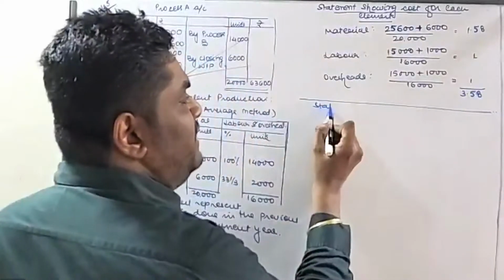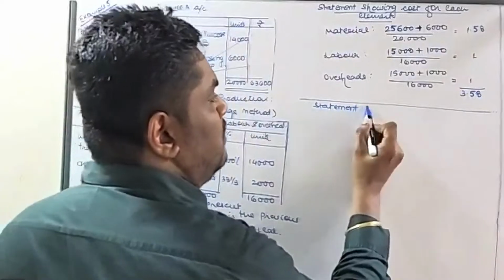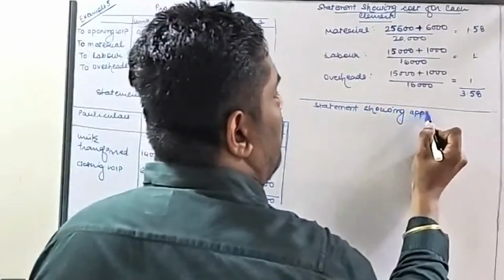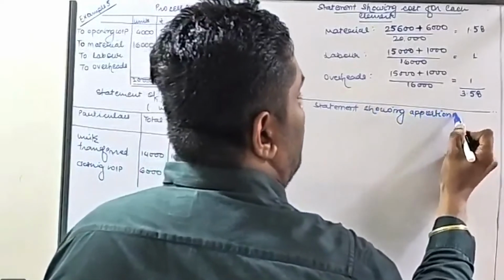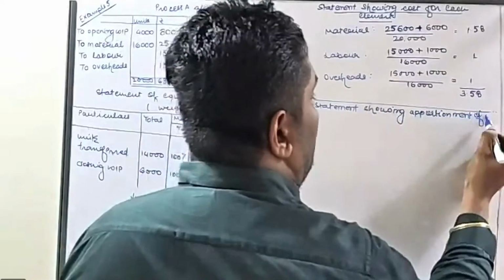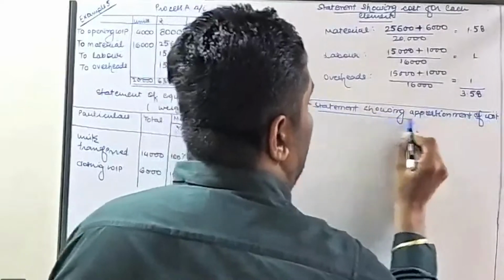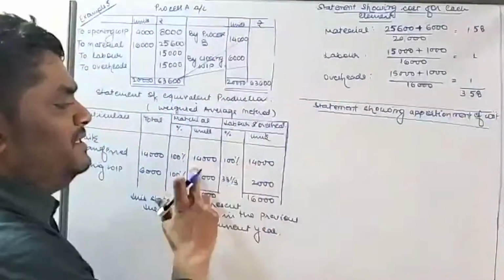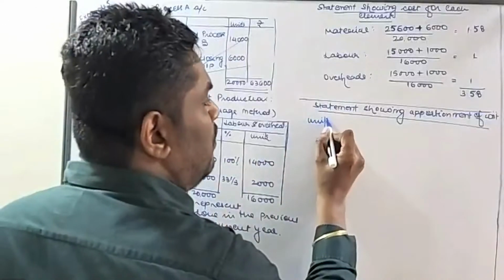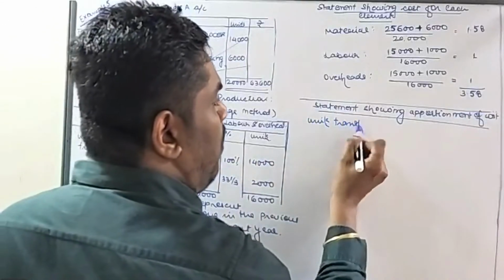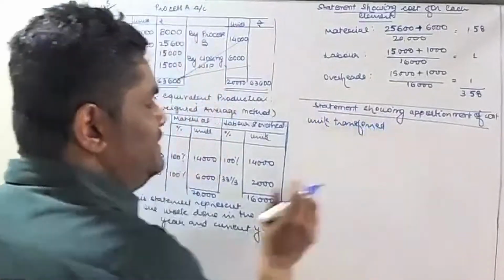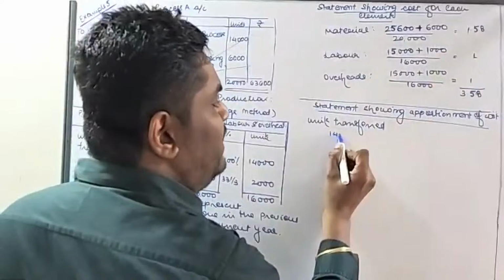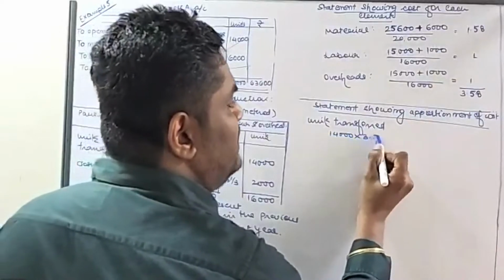Now let's prepare the statement showing apportionment of cost. Straight away, 14,000 units were transferred, 100% processed. Since we have taken the total cost in this 3.58, so straight away 14,000 units were transferred and the cost is 3.58.